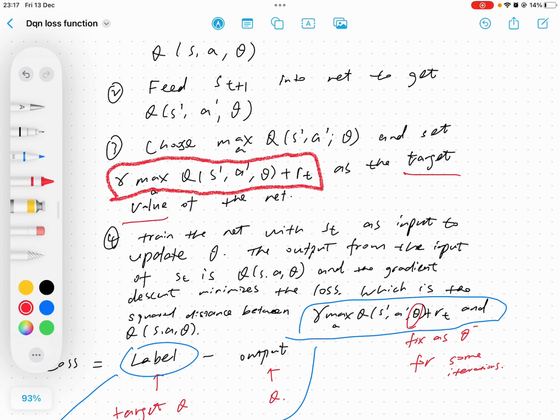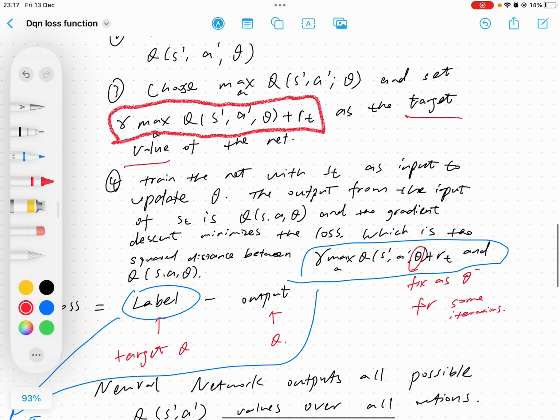So how do we do that? The output from the input of ST will simply be the Q with the current ST and AT. And the gradient descent simply minimizes the loss. And how do we obtain this loss?